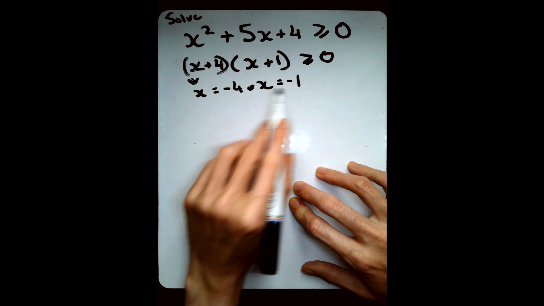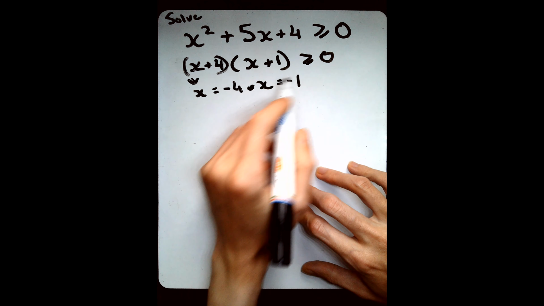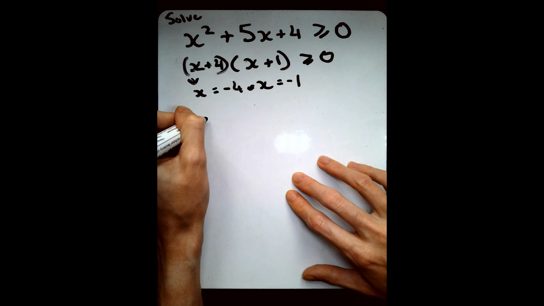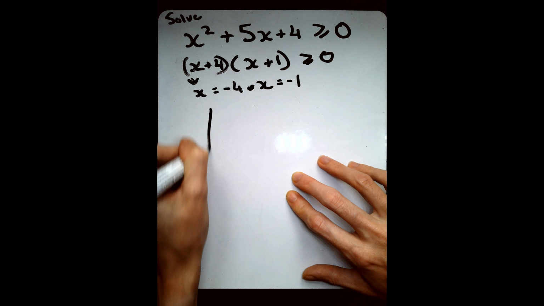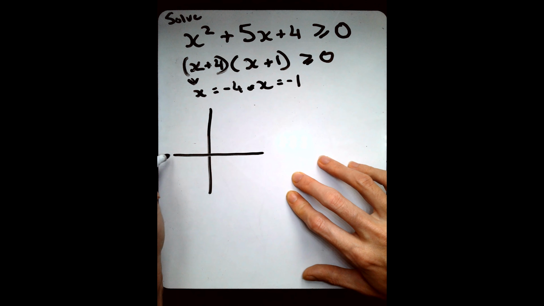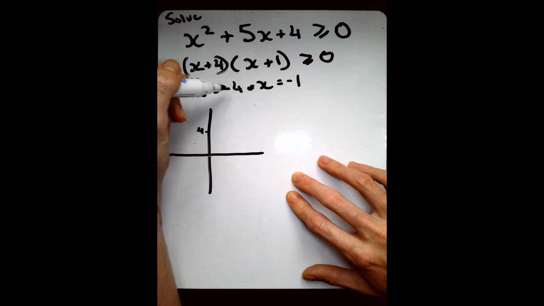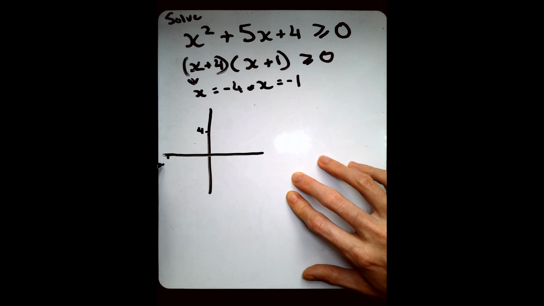So we've got here the solutions, we've also got the y-intercept. What you need to do with these questions is a sketch. So if I do a quick sketch, and it doesn't have to be perfect, it's only a sketch, then our y-intercept is going to be 4. And it's going to cut through my x-axis at negative 4 and negative 1. So I'll put negative 4 here, negative 1 here.